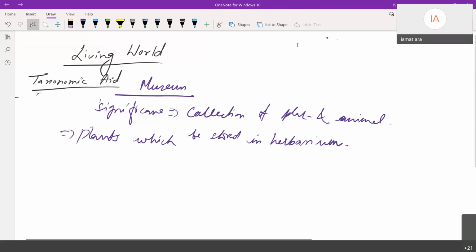Suman? Suman? Suman, now it is audible. Suman? The plants which cannot be stored in herbarium, that plant is kept in museum.